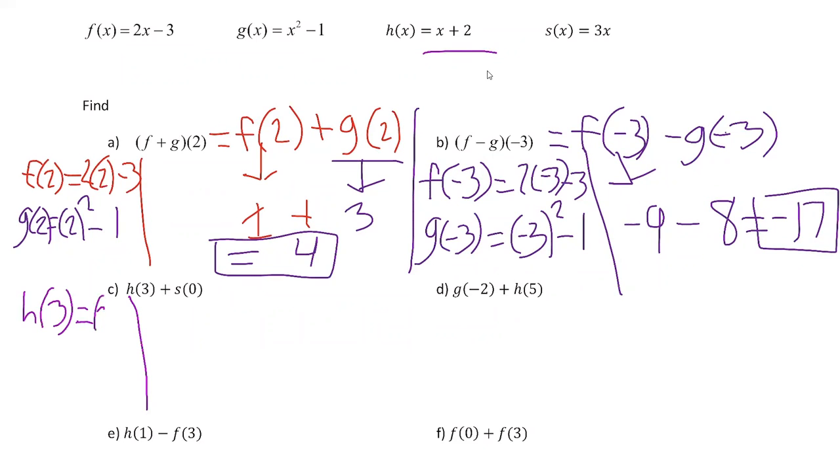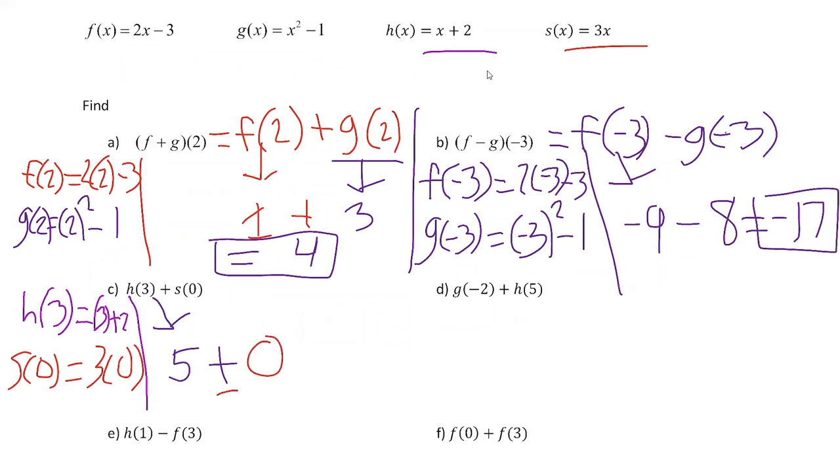So that would just be 3 plus 2. And then s of 0, that's this function here. So that would just be 3 times 0. So if you work these out, h of 3, 3 plus 2 is 5. And then 3 times 0 is just 0. So this would be 5.